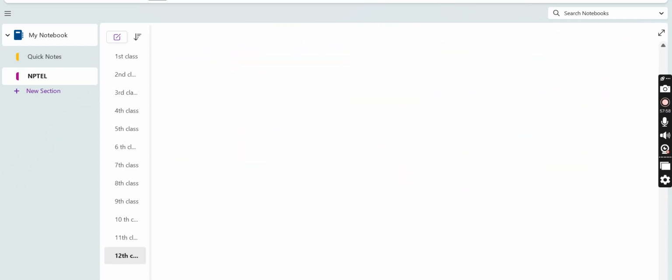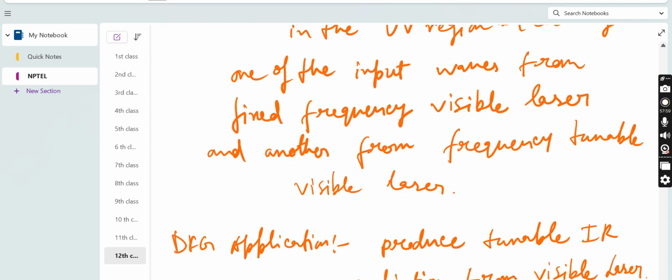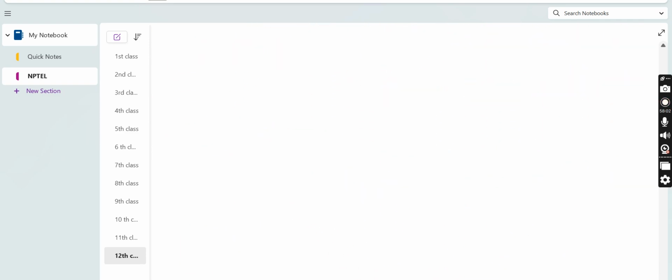I have already mentioned that. So basically, sum frequency generation can be denoted like this.